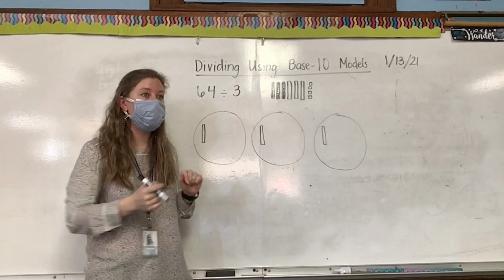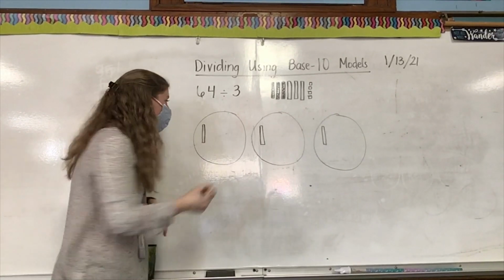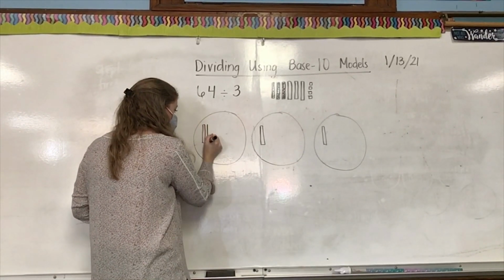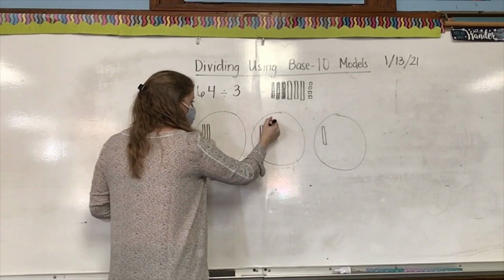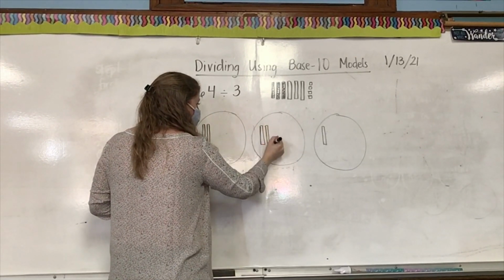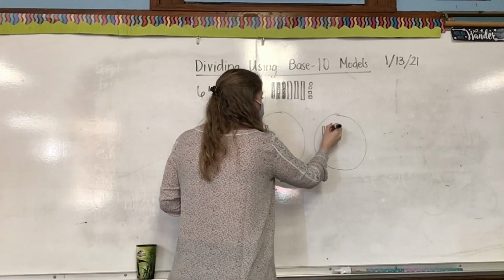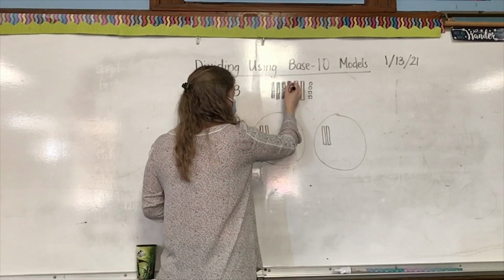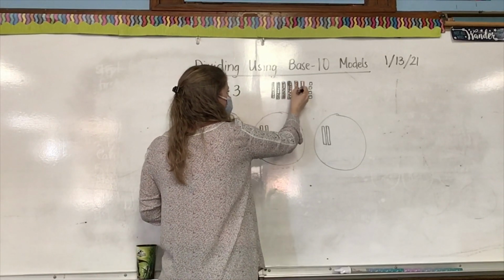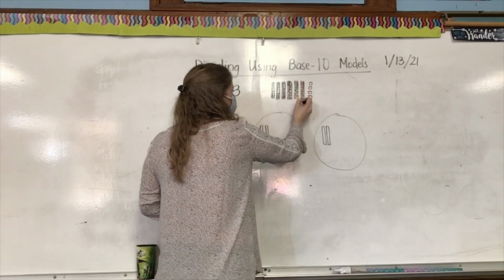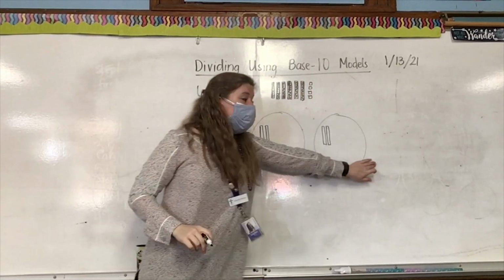Do I have at least 3 tens left? Yes, so I can go back through at least one more time. 1, 2, oops, I'm sorry, 4, 5, 6, oops, I forgot to shade. That would mean I could go back and think I have enough to go again. Okay, I'm at the end of my groups.